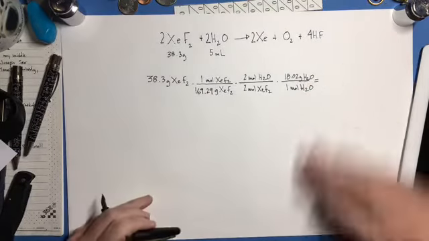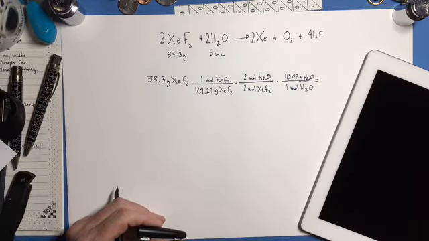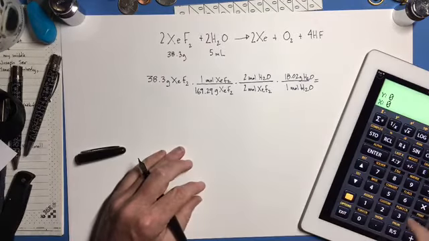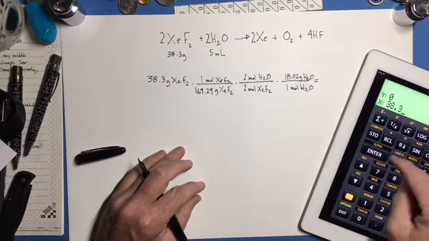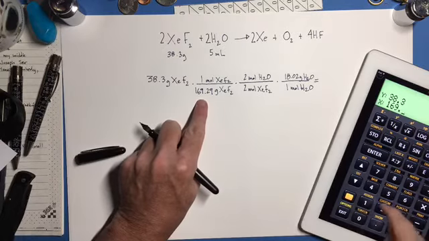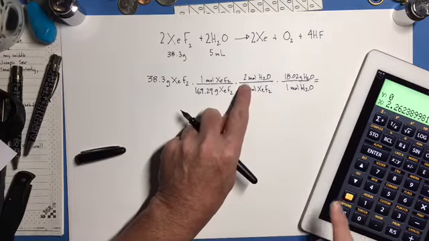All right, so now let's do the arithmetic. So I have 38.3 over 169.29. Divided by 2, times 2, that's just a wash.